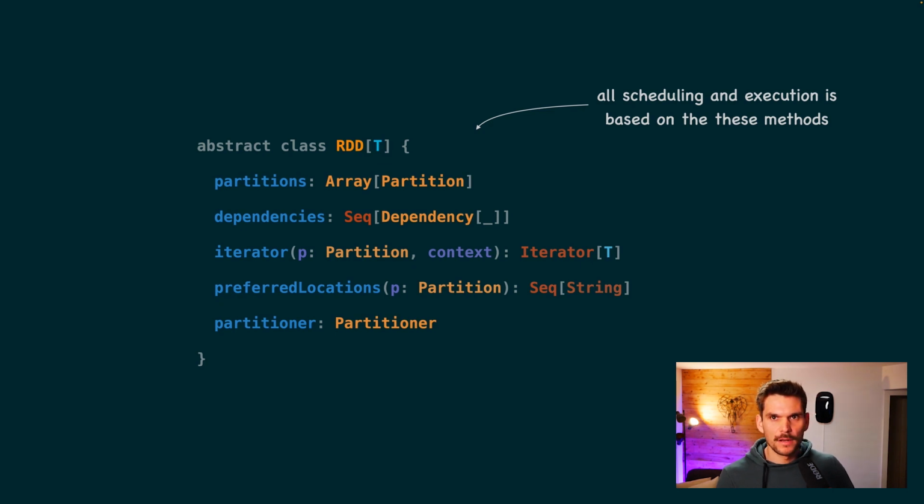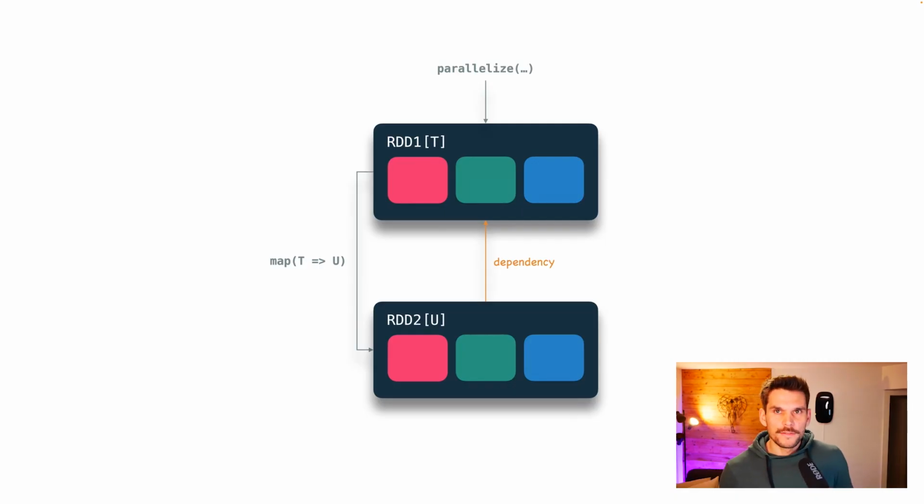And then finally, we have a partitioner, which is basically the function which specifies the partitioning of this single RDD. All right, now let's look at what happens if we apply a transformation to an RDD. So at first we have RDD1, which is the result of a parallelize, which basically takes a list of values or records and partitions them, and we want to create an RDD out of a list of records.